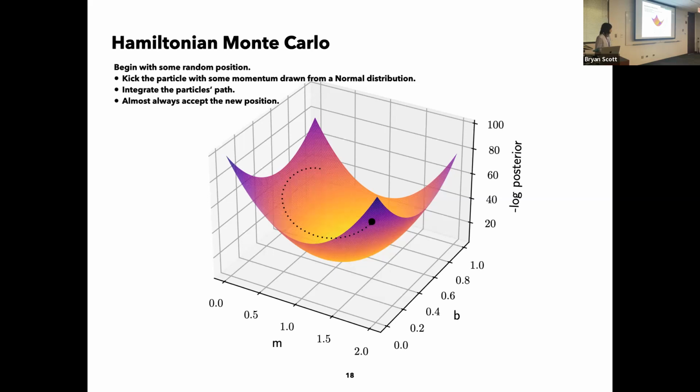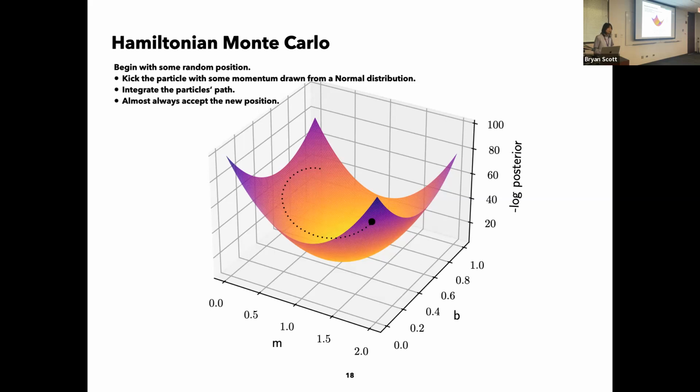But if the curvature of the posterior map has some really sharp gradient, then we don't always find the exact trajectory of the ball. In that sense, the resulting energy after the proposal is off from the energy at the initial state, and we reject the proposal if it's off by a huge amount.